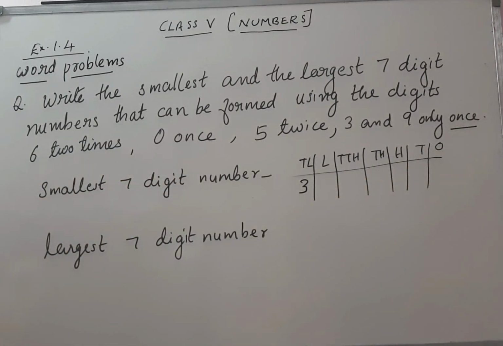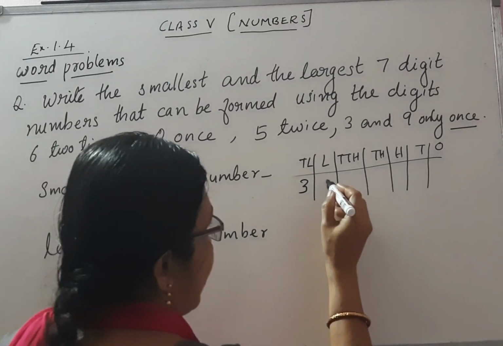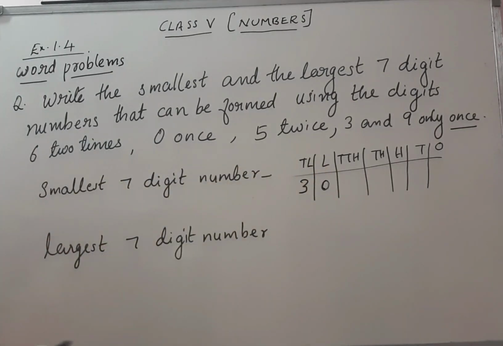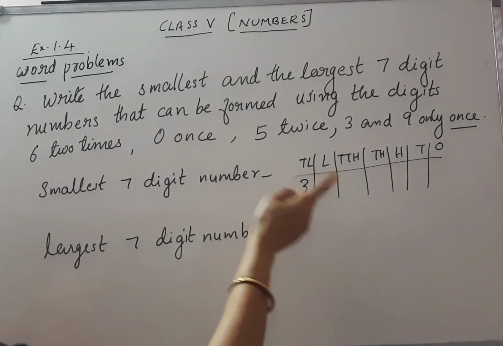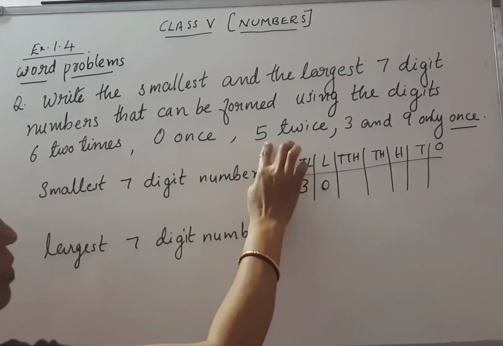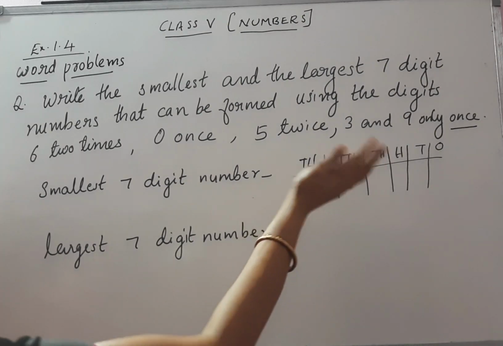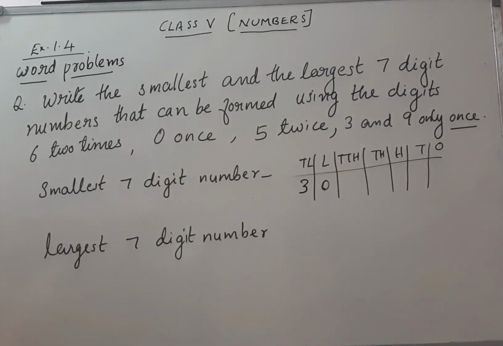Next we can write 0, in the lakhs place. Smallest 3 and 0 are over. Now out of the remaining digits, 5 is the smallest digit.